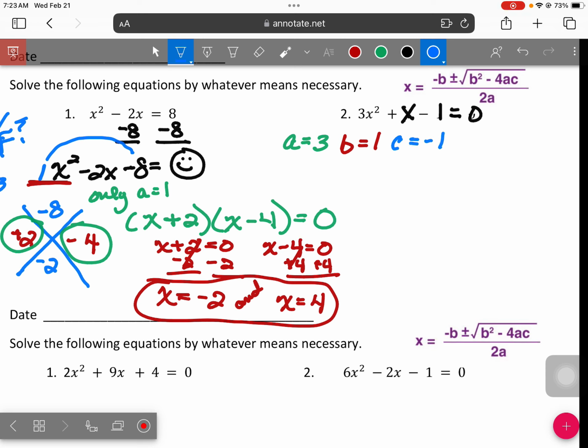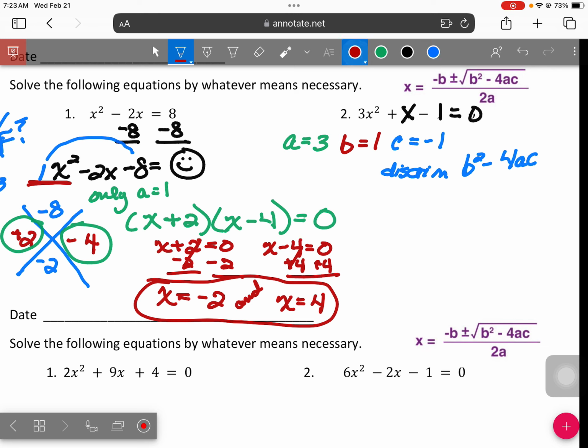Okay? And actually, I know yesterday I was going x equals blah, blah, blah. But let's go ahead and find the discriminant right now. So what is the discriminant again? Okay, b squared minus 4ac.